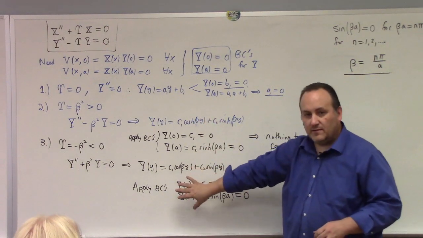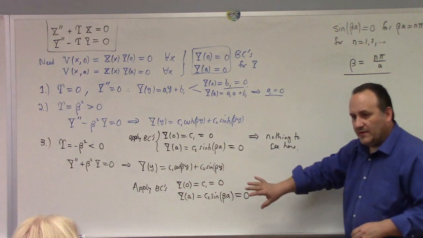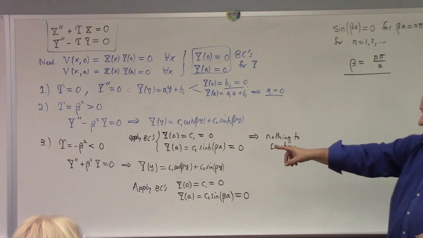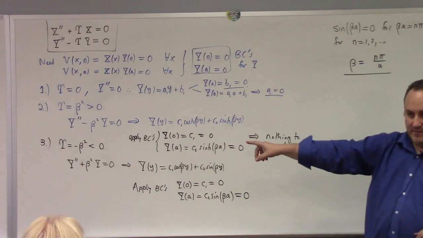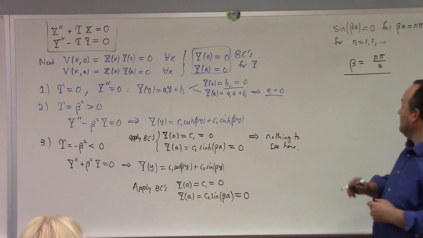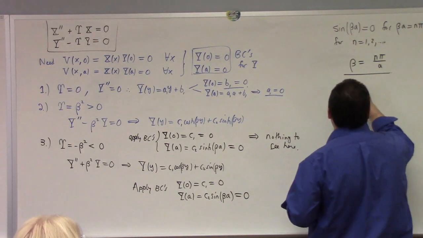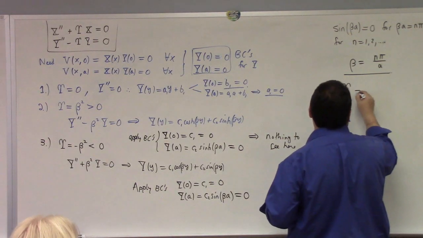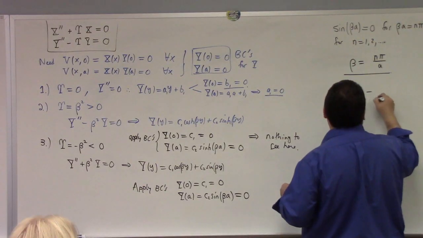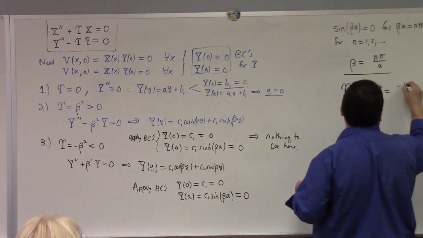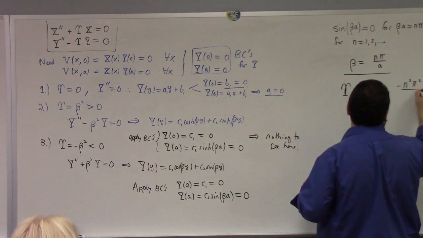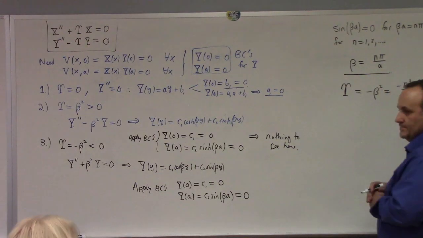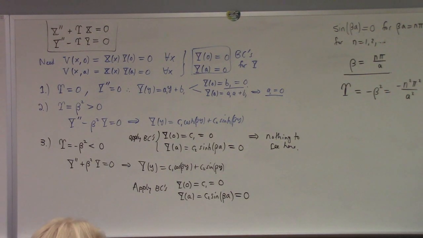All of a sudden here, we learn, well, there are non-trivial solutions, but they come with strings attached. Upsilon can't just be anything. Upsilon has to be what? Well, it's minus beta squared, which apparently is minus n squared pi squared over a squared, yeah? So we went looking for a solution.